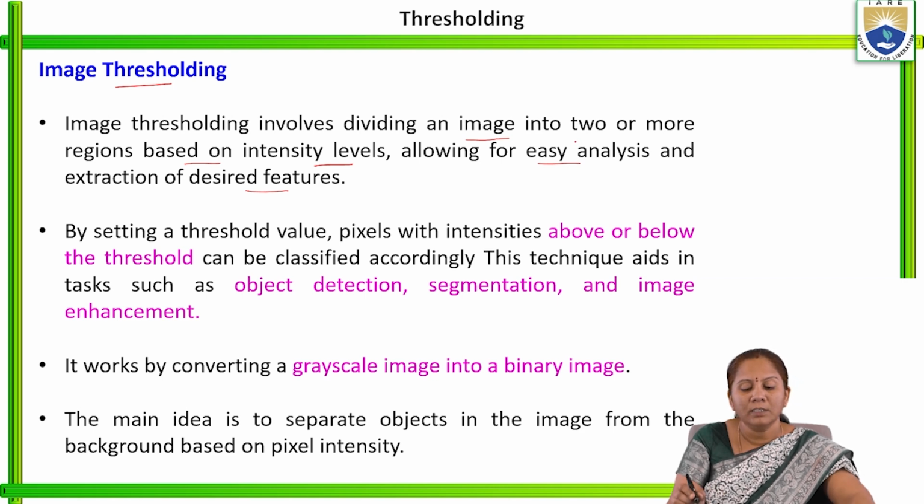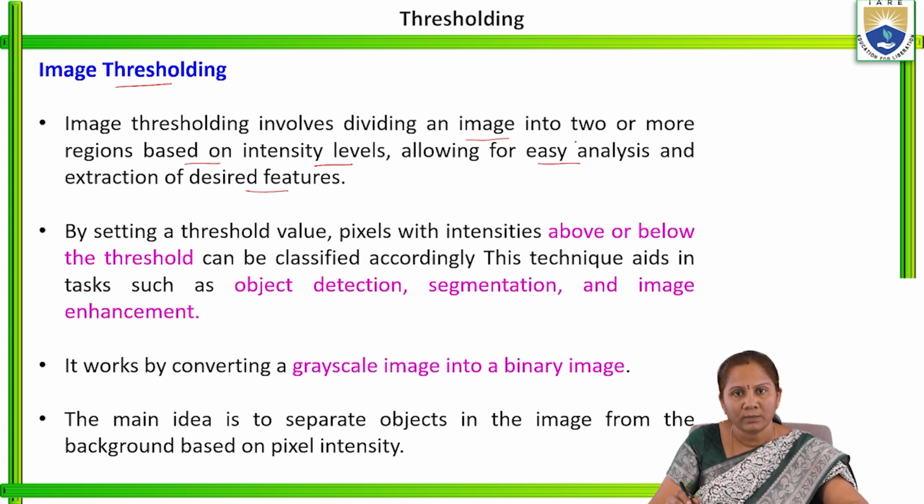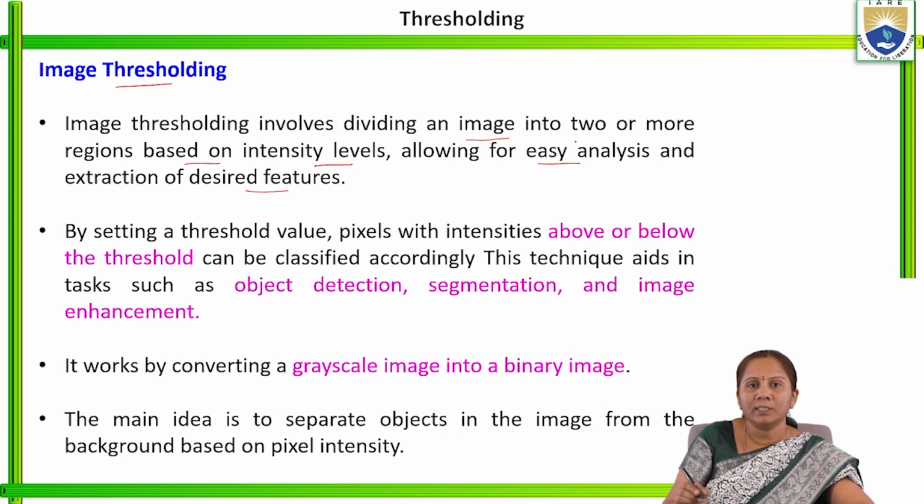Here image thresholding divides the image into two or more regions based on the threshold value. It is grouped in order to make image analysis easier; if such segmentation has happened, it is very easy to extract the features from that particular object and to analyze that image.